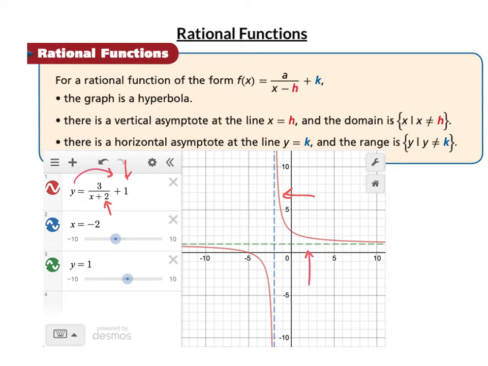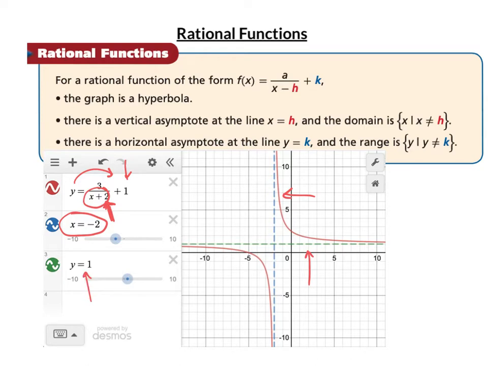That moves everything up 1. See the asymptotes? The asymptotes are x equals negative 2. Notice how if you plug in negative 2 in this equation, it creates division by 0. X can never be negative 2, which is why we have an asymptote at x equals negative 2. And the other asymptote is at y equals 1.